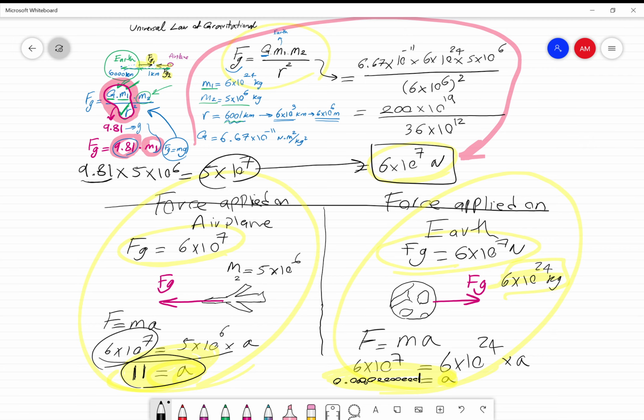Okay. So the gravitational force between two objects, if one of the objects is Earth, only and only if one of the objects in our situation is Earth, then the value of G and the value of M1 and the value of R squared, in most cases becomes exactly the same number we calculated, 9.81.